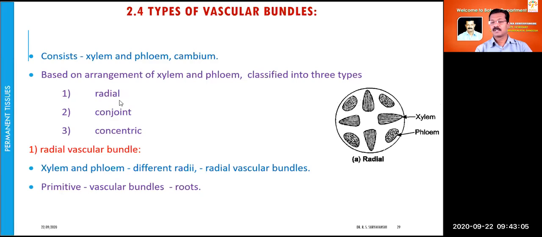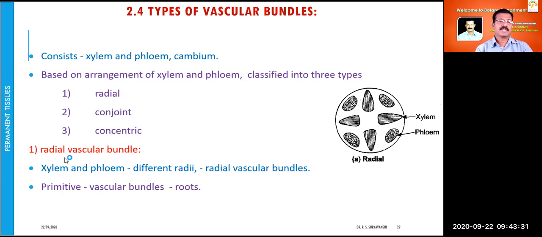One is the radial, second one is the conjoint, and third one is the concentric. These main 3 types of vascular bundles have been categorized on the basis of position of xylem and phloem.